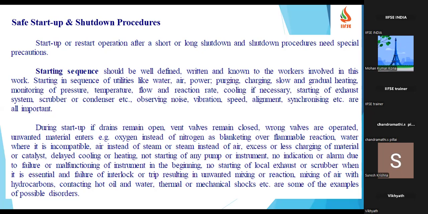Otherwise, what will happen? Maybe instead of, as an example, oxygen instead of nitrogen as a blanketing over the flammable reaction.